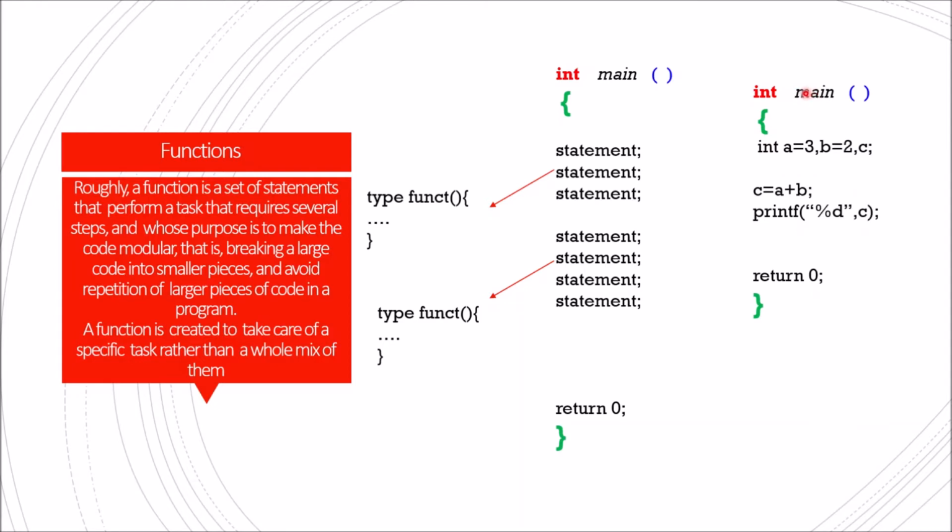Remember, a function has a name in C language, also the trailing parentheses after the name, and then the curly braces. Within the curly braces, we have the body of the function, that is, the group of statements that function accomplishes, okay? So remember that this is the body of the function, and a function typically has a name, the parentheses, and the curly braces.